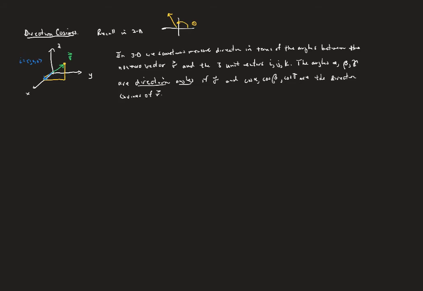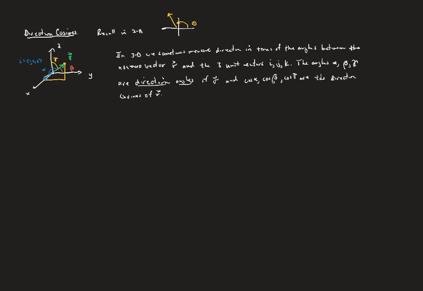So our angle alpha is going from the green vector V to the x-axis. That's the angle alpha. And the angle beta is going from the y-axis to that green vector there. And then gamma is going to go from the green vector to the z-axis there. So there's your alpha, beta, and gamma.